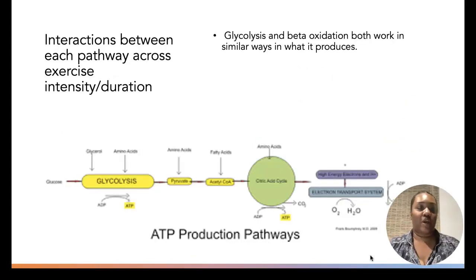Okay, so now we are talking about the interactions between each pathway across exercise intensity and duration. Glycolysis and beta oxidation both work in similar ways in what they produce. Glucose has an easier way to break down. It's quick to access energy wise, and it can occur in short durations.